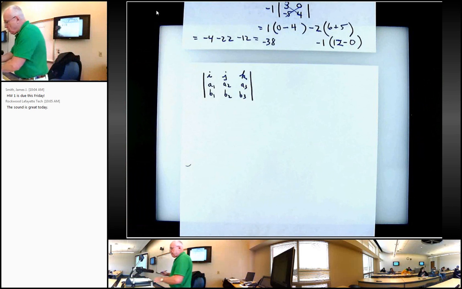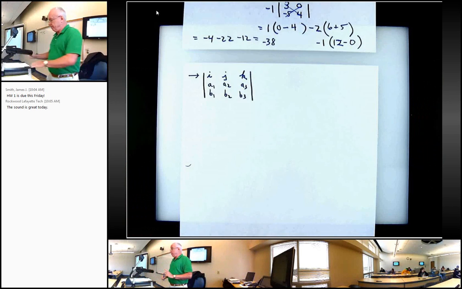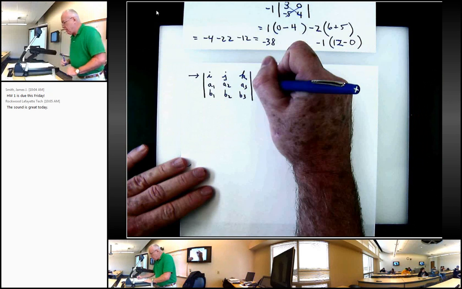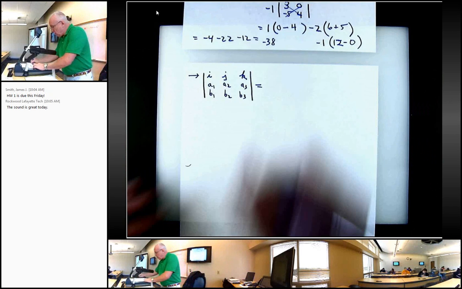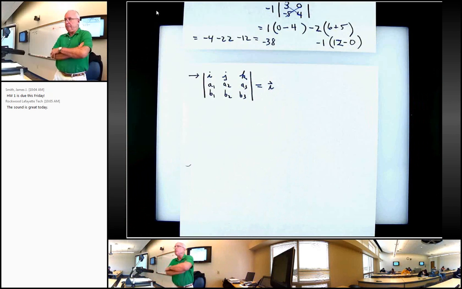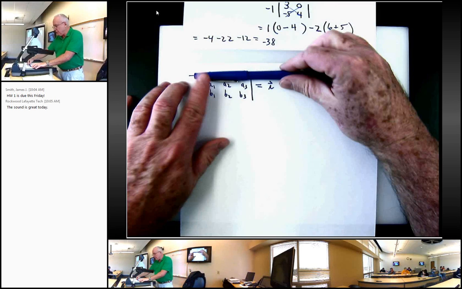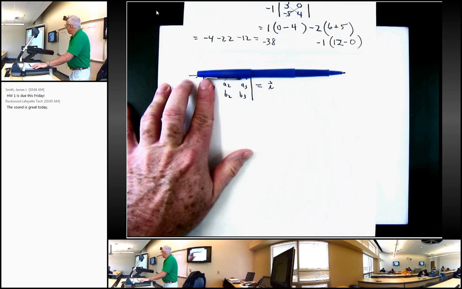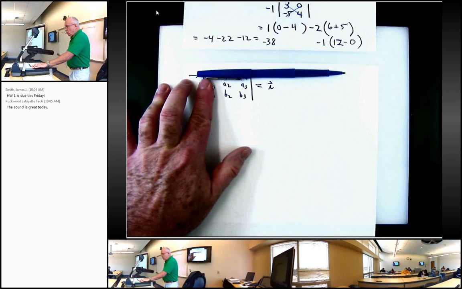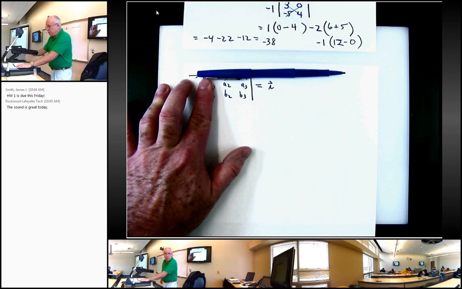We again are going to go across this first row. So this is going to equal, our element here is I, the unit vector I. What do we need to cross out? We need to cross out the first row and the first column, and we're going to be multiplying it by the determinant of A2, A3, B2, and B3.